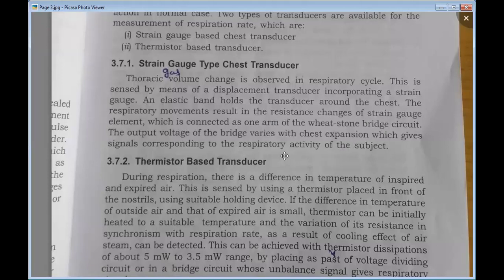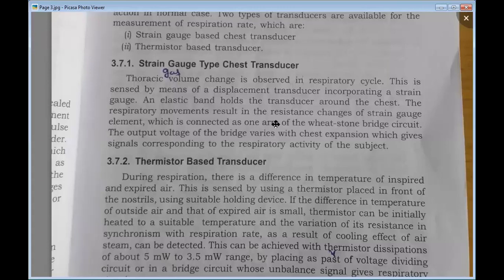When we attach the strain gauge on the chest, the inhaling and exhaling process produces respiration movements, and those movements are converted into a resistance change in the strain gauge. That strain gauge will be connected as one arm of the Wheatstone bridge, and the output voltage of the bridge varies with the chest expansion, which gives the signal corresponding to the respiratory activity of the subject.